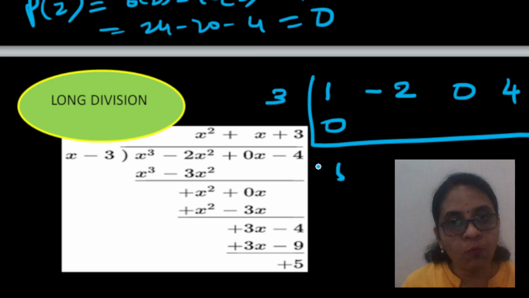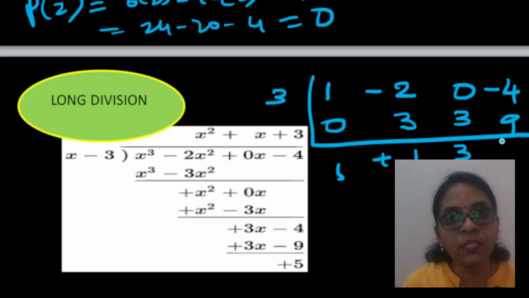So, you have 1, 1 plus 0 is 1, 3 into 1 is 3, minus 2 plus 3 is plus 1, 3 into 1 is 3, again 0 plus 3 is 3, 3 into 3 is 9, and minus 4 is missing. So, minus 4 plus 9 is 5.